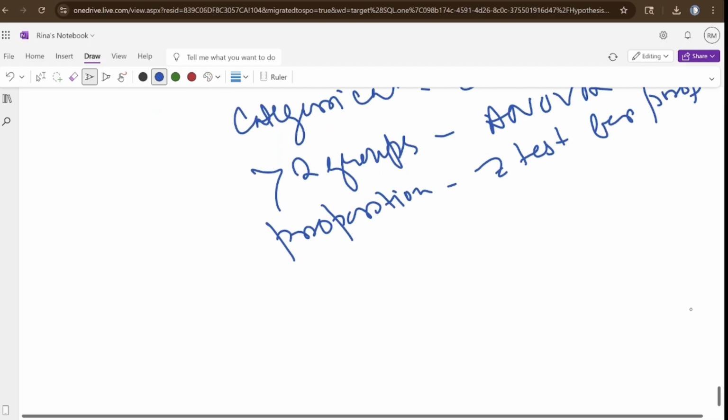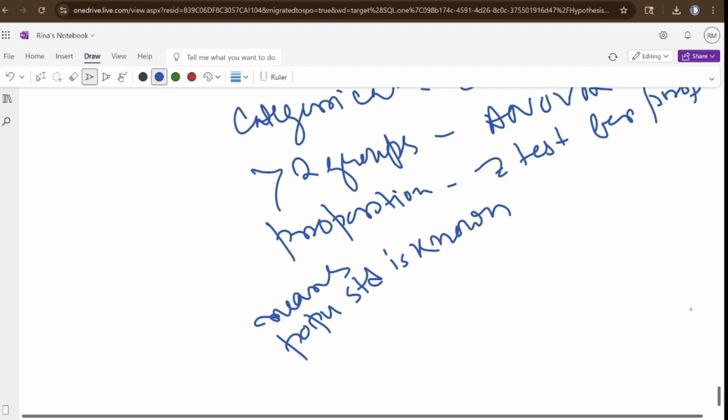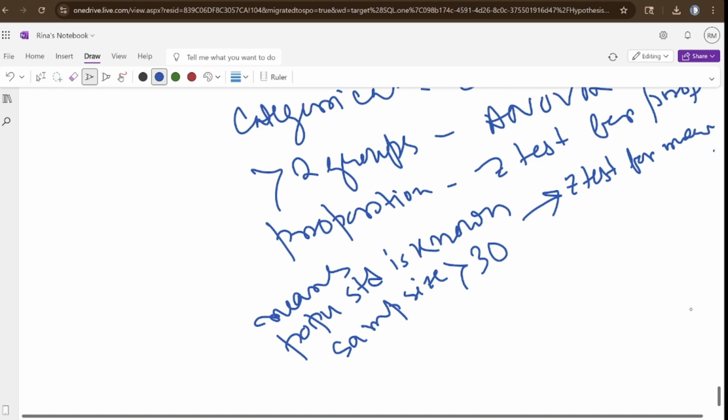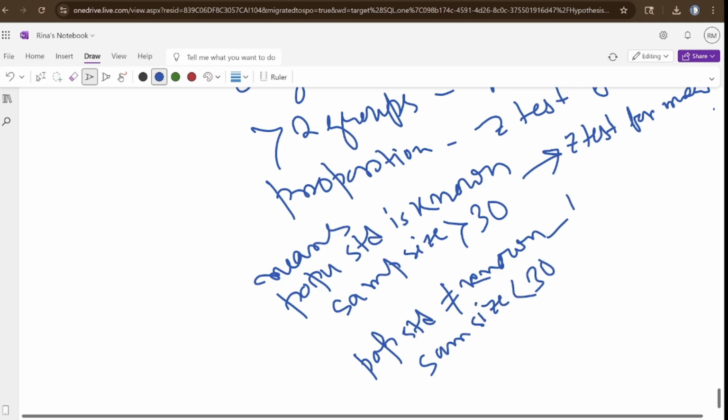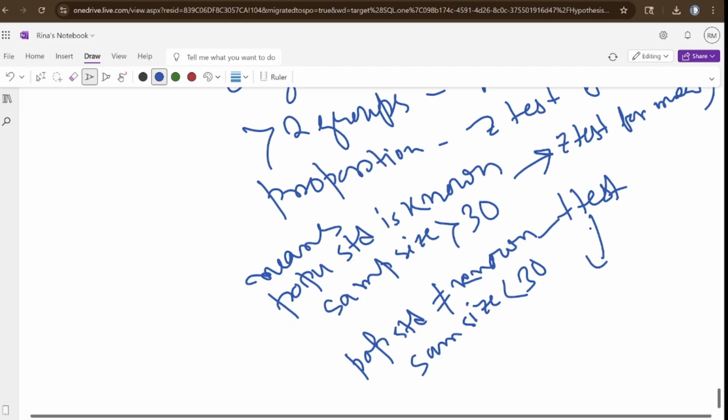But if it is for means and population standard deviation is known and sample size greater than 30, then you will go for G test for means. Okay. Now means but population standard deviation is not known and sample size less than 30, then you will go for t-test. T-test is of three types, right?